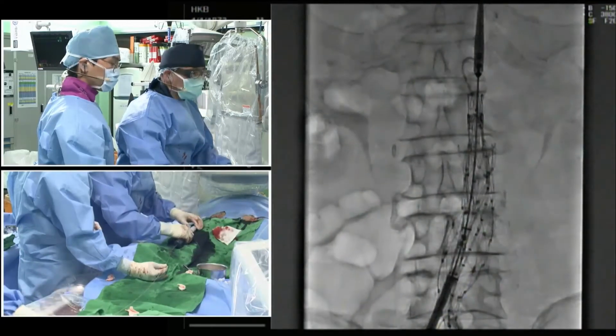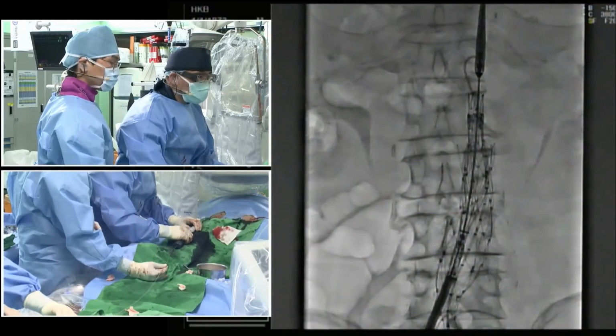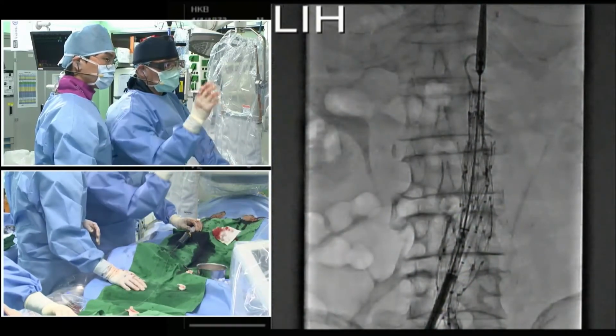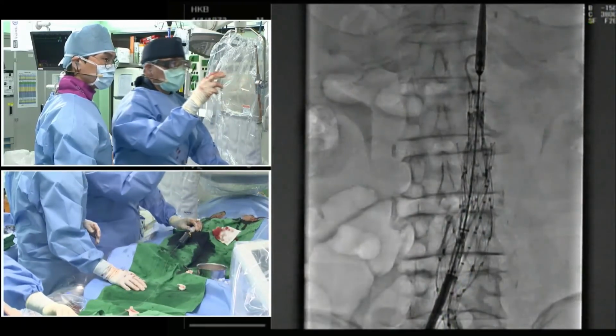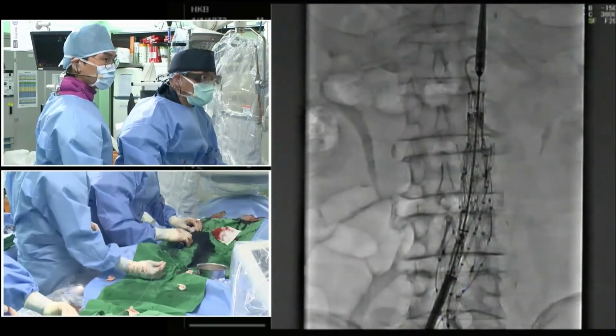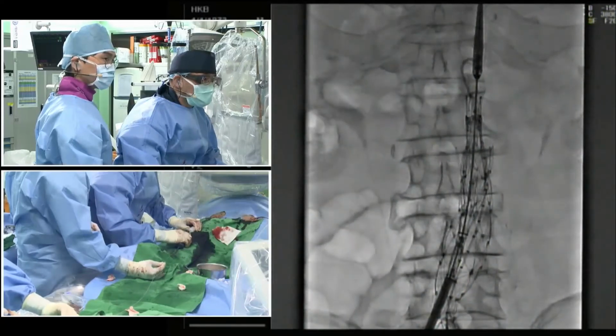So the distal part of the Vela stent graft is now a little bit deployed, but still the proximal part is held by the system. Now we will adjust.